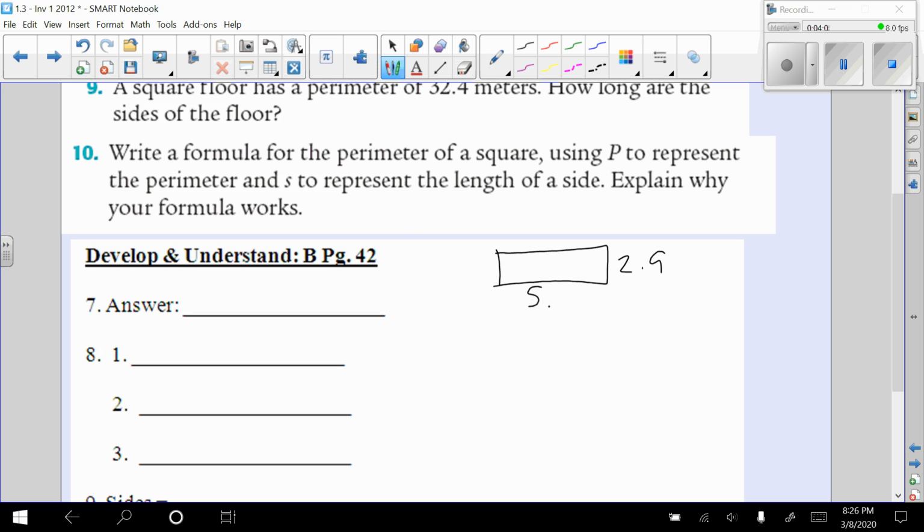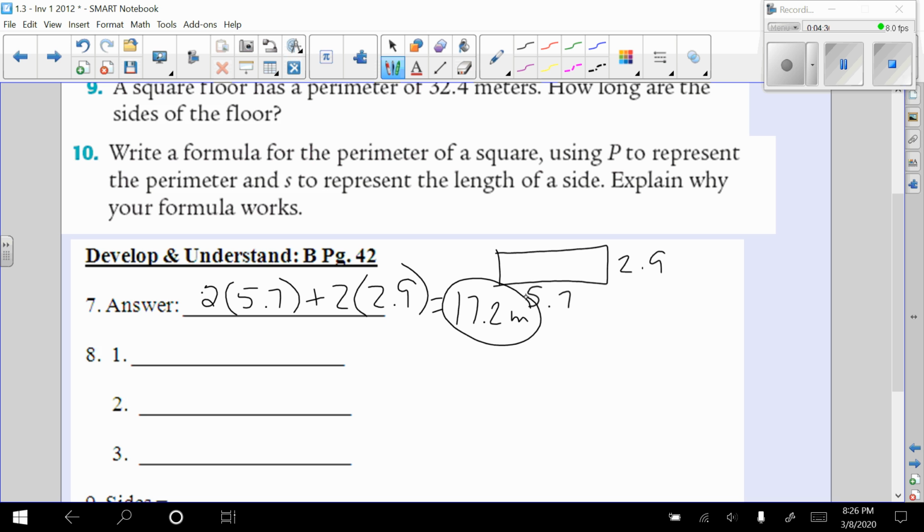If I'm going to use the formula, it's going to say 2 times the length of 5.7 plus 2 times the width of 2.9. And I'm going to find out that the actual perimeter of this would equal 17.2 meters. That's my actual answer there if I'm using that formula.